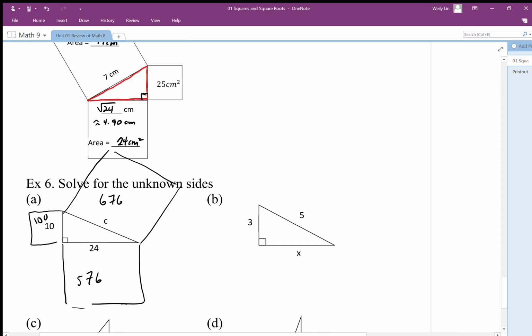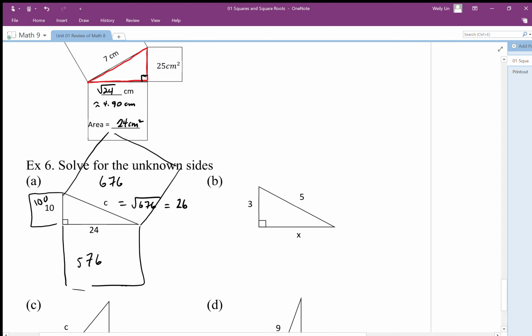So to find out the side length of that side c, what I can do is take 676 squares and square root it. So I end up with c is equal to the square root of 676, which is equal to 26, whatever the units are there.